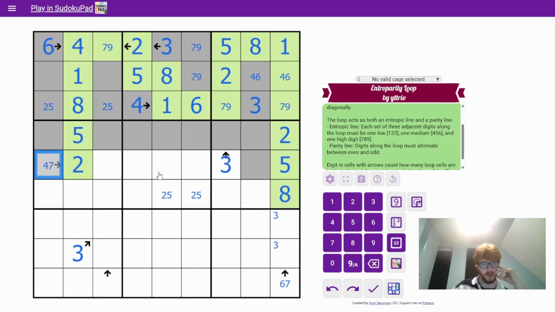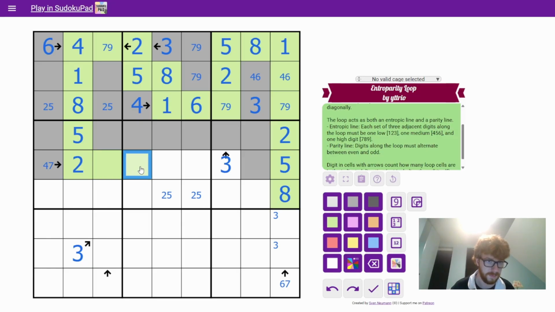If that is a 4, we cannot have another bend come into this, because then we have too many digits. So it would have to come off of this. If it's a 7, it has to come off of this. So those are always green. So that is a 7 or a 9. That's a 4 or 6, but a 6 specifically.